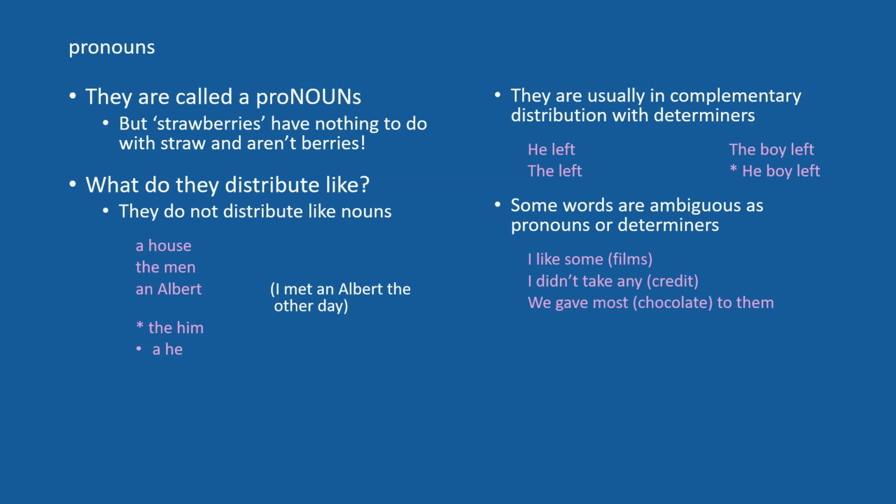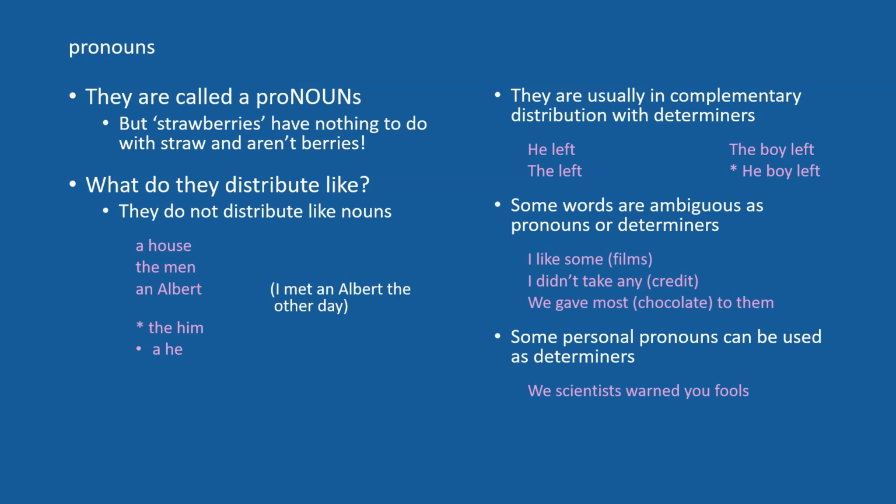Finally, there are some personal pronouns which typically are in complementary distribution with determiners, but there are a few of them that can actually be used as determiners. The pronoun we, for example, as in we scientists, or we linguists, or we humans. And you, particularly with derogatory sort of phrases like you fools or you idiot.